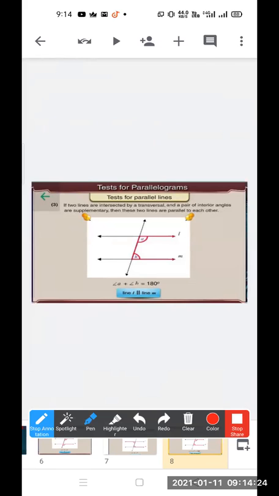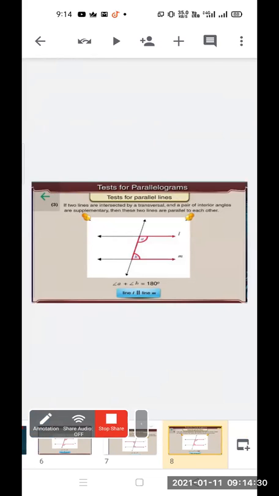Okay, so these were the three tests for testing whether the given lines are parallel or not.